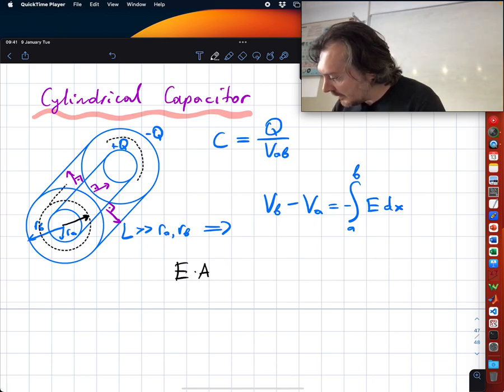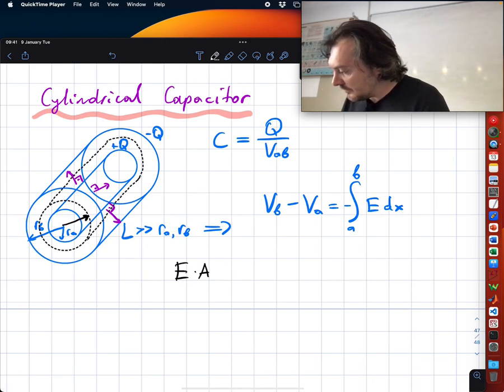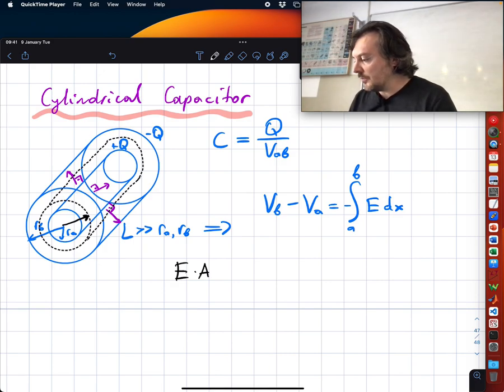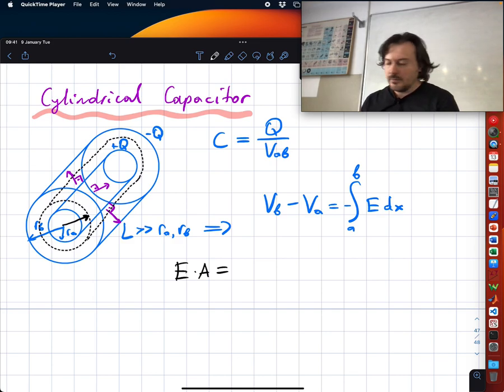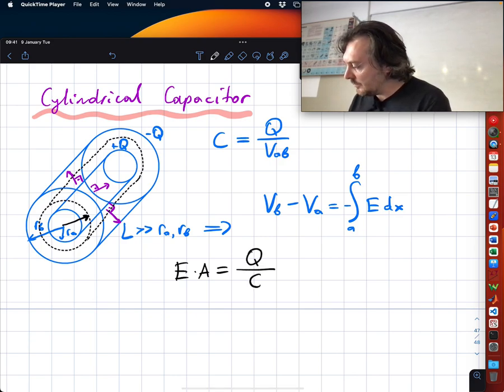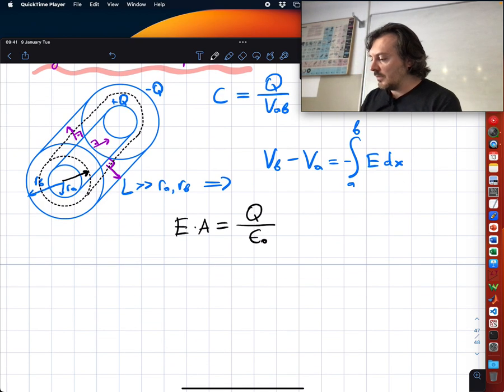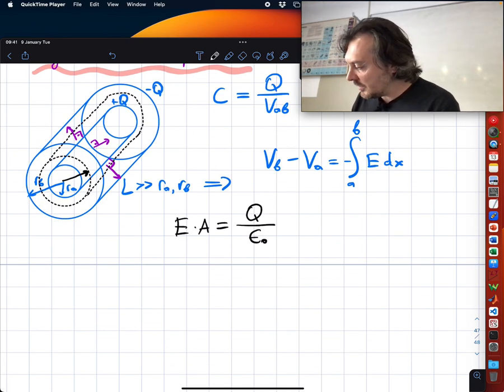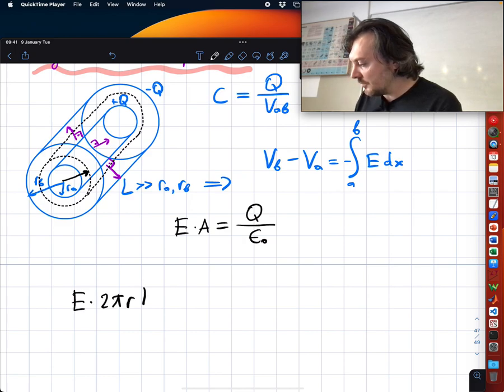The lateral area over here has to be equal to Q enclosed over epsilon 0. Right? How much charge is enclosed? Lambda times L. Exactly, lambda times L. I will assume it is Q. So E times A. What about A? 2 pi RL. Very good.